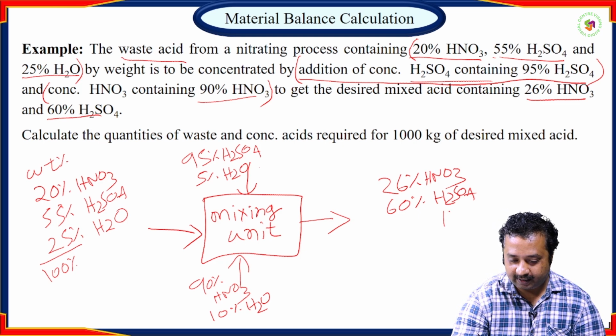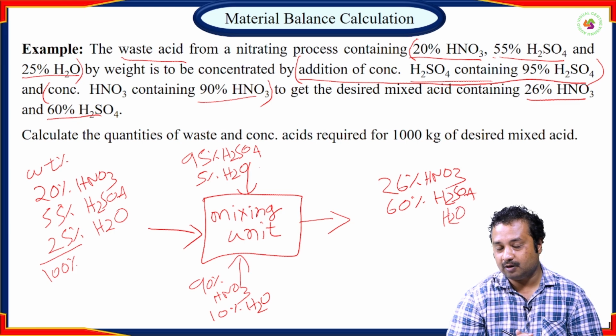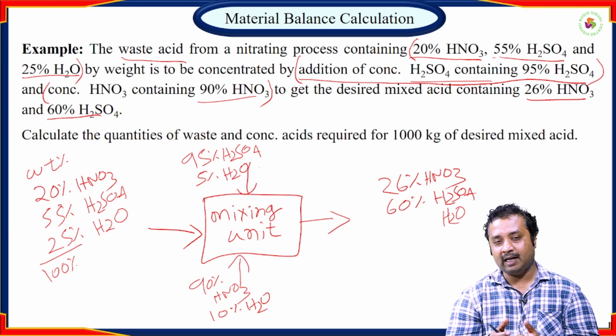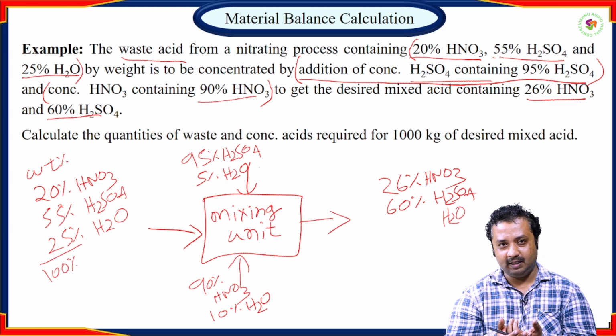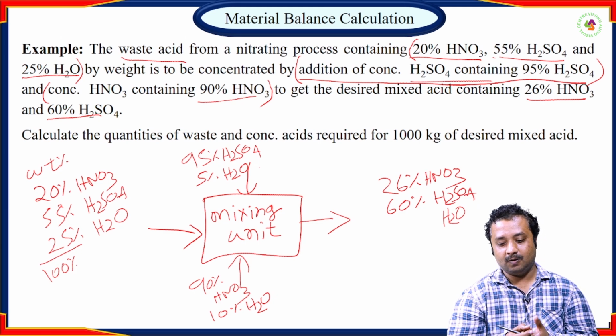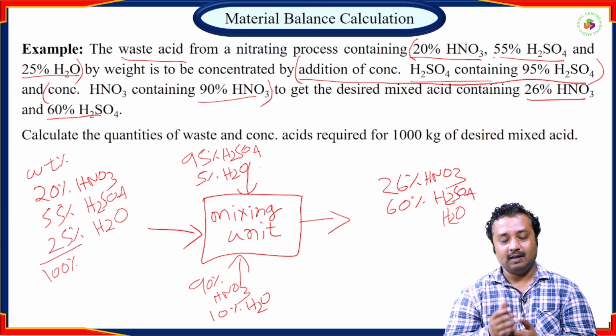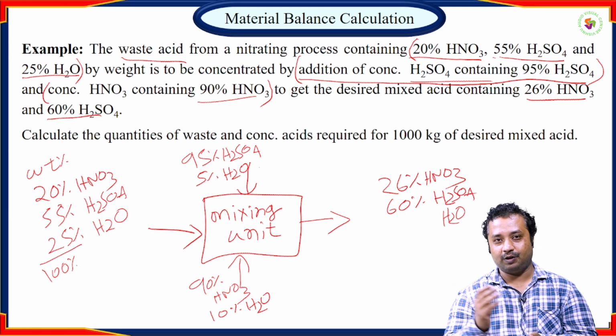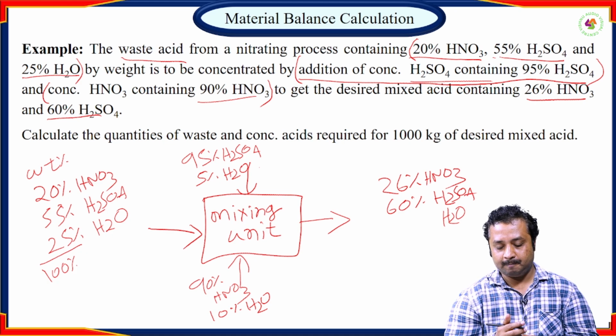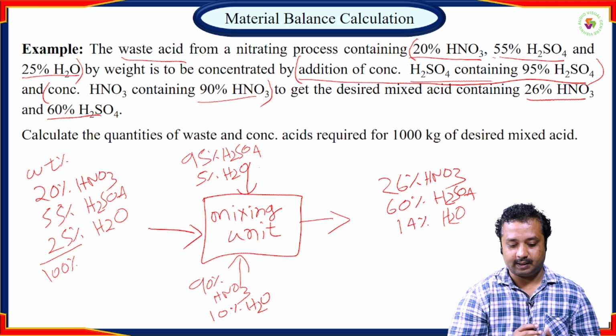The percentage of water is not given in the question. We can assume the total mixture is always 100% by weight. So two are given, and the third one is 100 minus 60 minus 26, which comes to 14%.